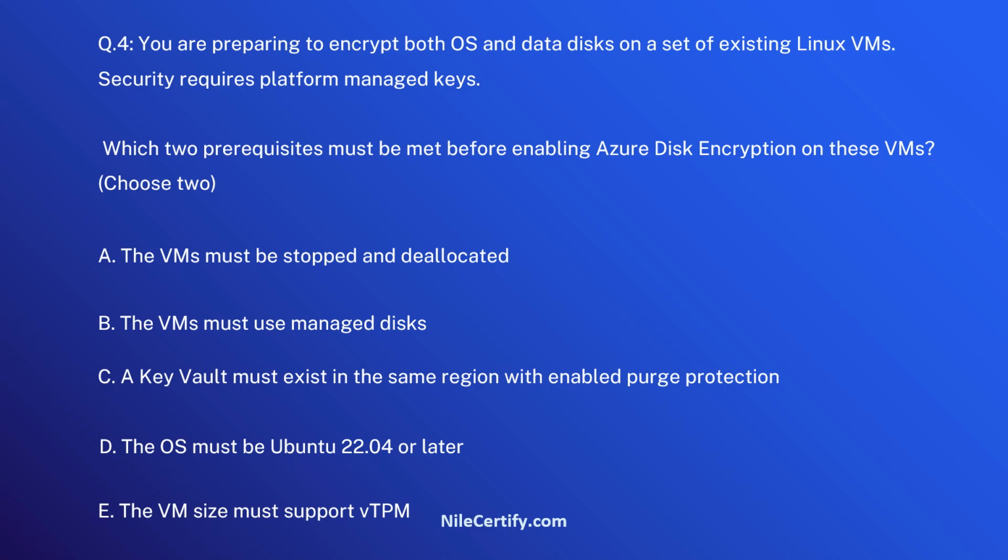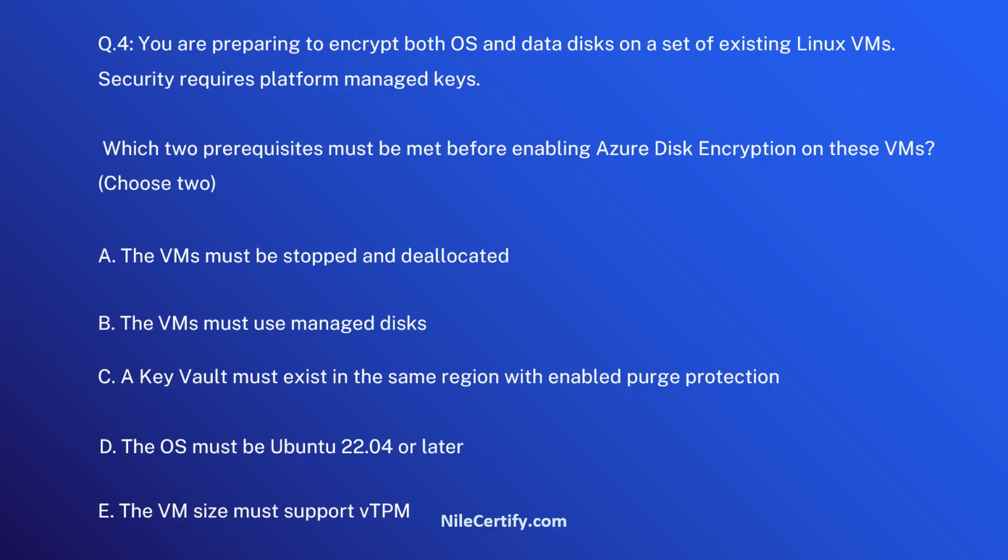B. The VMs must use managed disks. C. A key vault must exist in the same region with enabled purge protection. D. The operating system must be Ubuntu 22.04 or later. E. The VM size must support TPM.